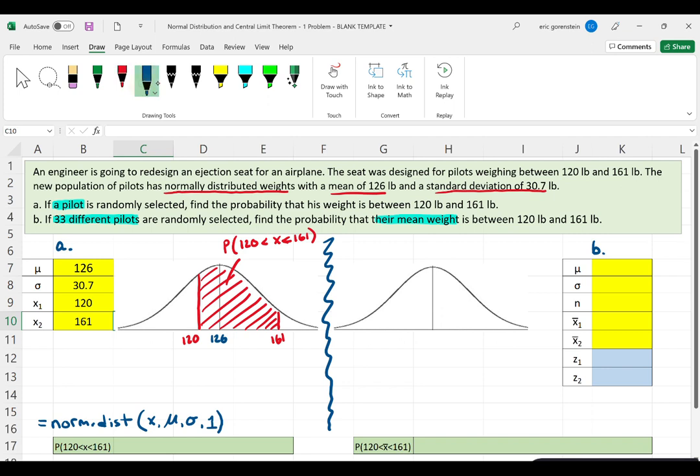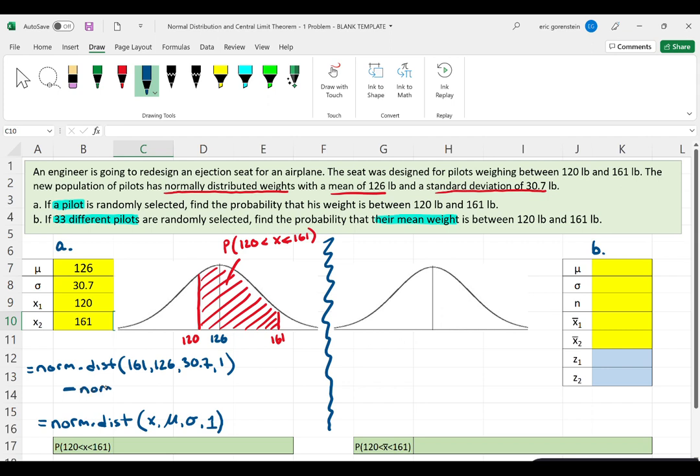And so what we're actually going to type in is equal norm.dist, area to the left of 161, mean, standard deviation, comma 1, and then we're going to have to subtract from that the area to the left of 120.